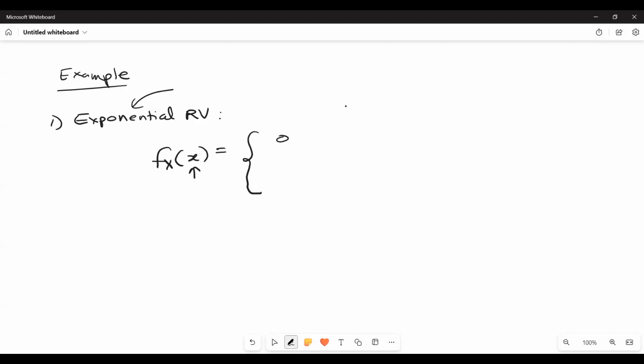The values of the random variable are given by x, and the PDF we have already been given, which is equal to 0 if the values of x are below 0, and if the value of x is above 0, then it's going to be according to this function: lambda times e to the minus lambda x.